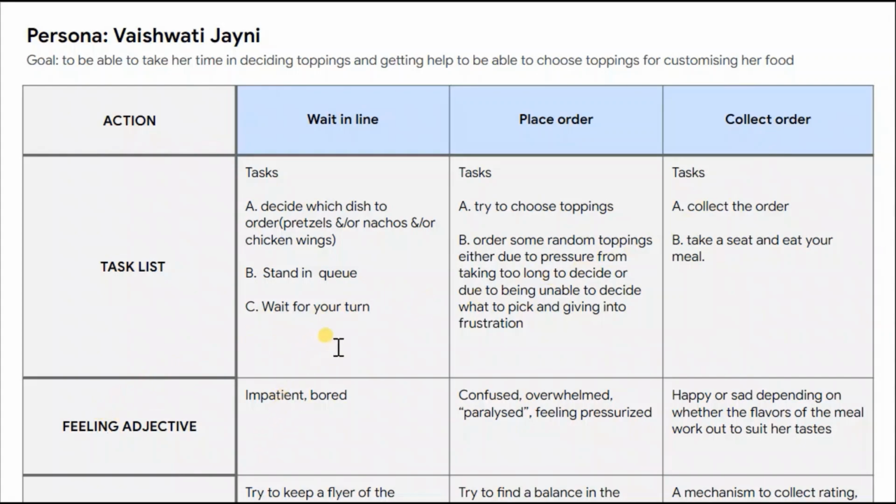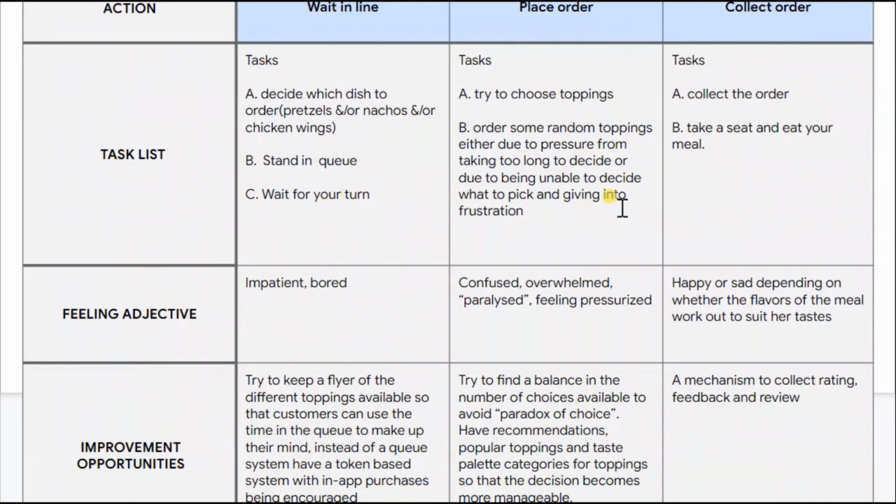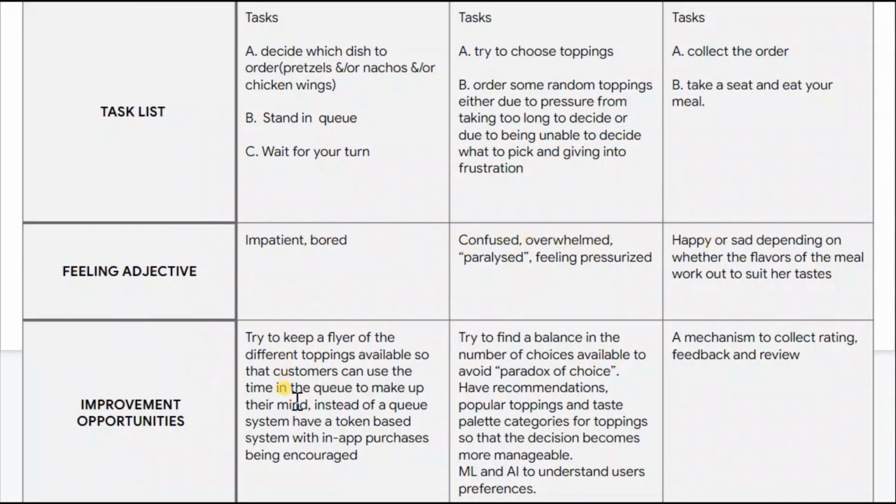The feelings that our persona feels while completing these tasks at each of these stages are outlined here, as well as the possible steps that we could take to overcome the frustration and pain points that the user is facing. For example, in the second stage, which is where Shruti places an order, we have tried to understand what exactly she's going through, and it's somewhat similar to the paradox of choice.